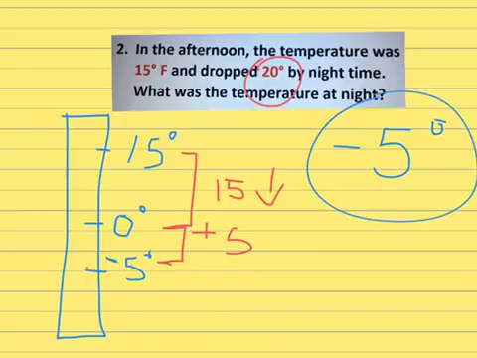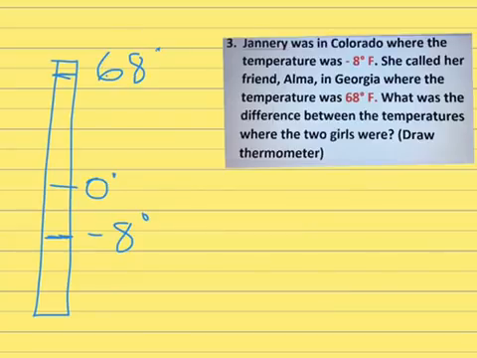All right, this is our third problem. Janeri was in Colorado where the temperature was negative 8 degrees Fahrenheit. She called her friend Alma in Georgia where the temperature was 68 degrees. What was the difference between the temperatures where the two girls were? So we need to find the difference between the two temperatures, in other words, the distance between these two points.